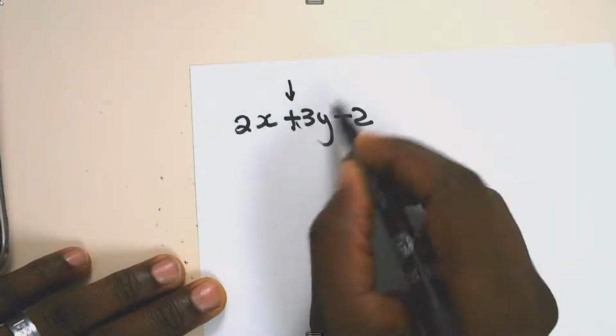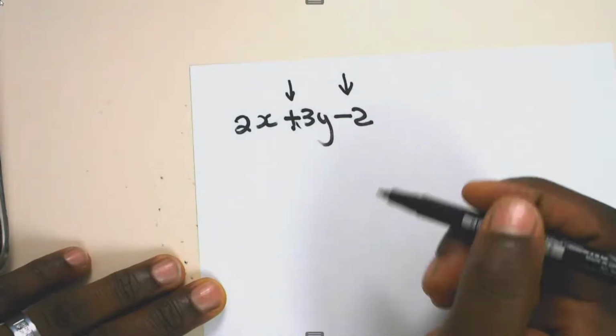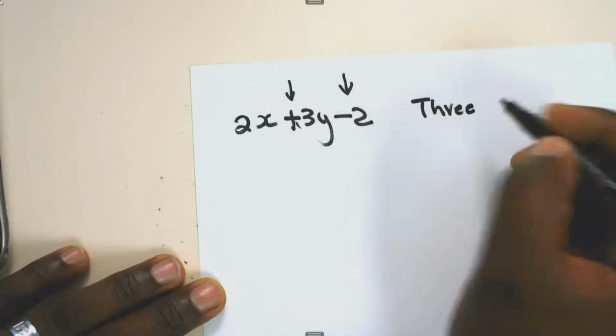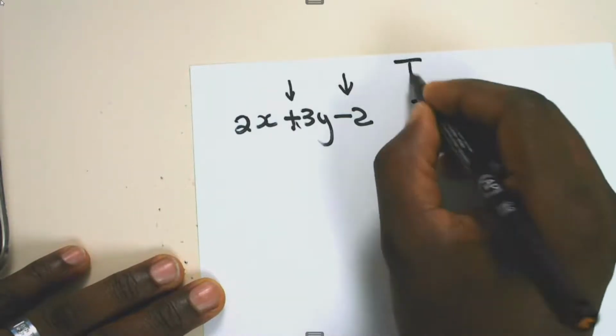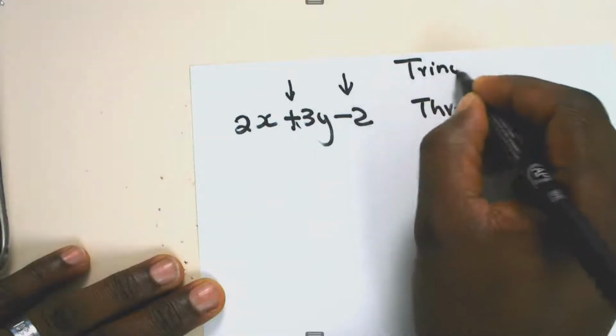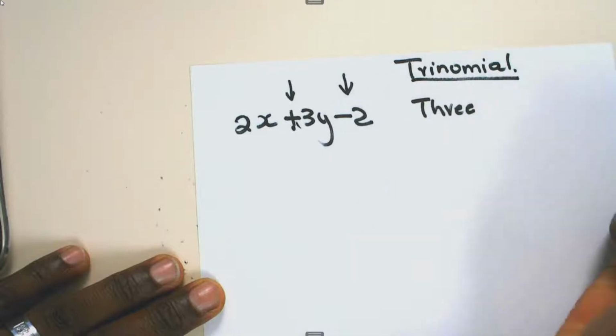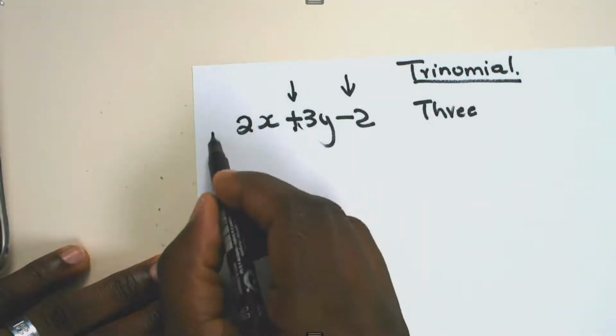The second term is separated by the operation sign. So it's going to be 3 terms. If it is 3 terms, we call it a trinomial. All right. So this is a trinomial.